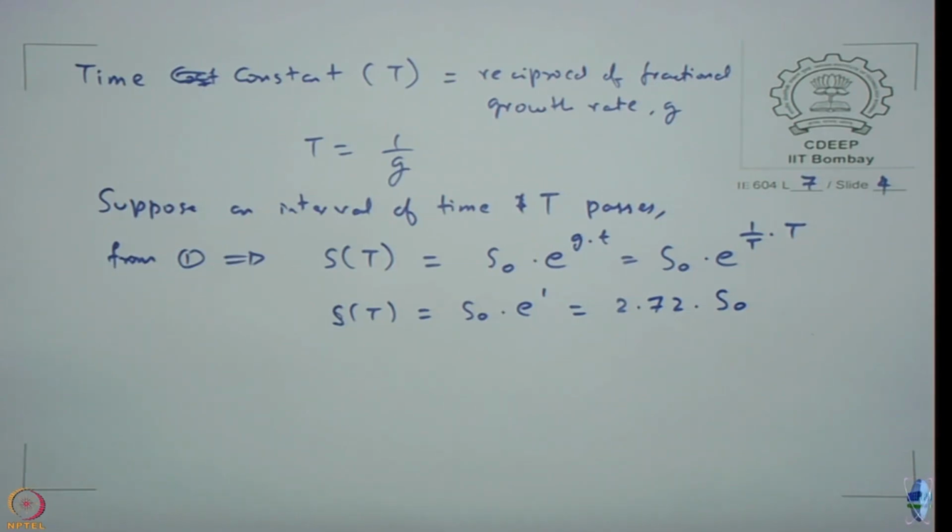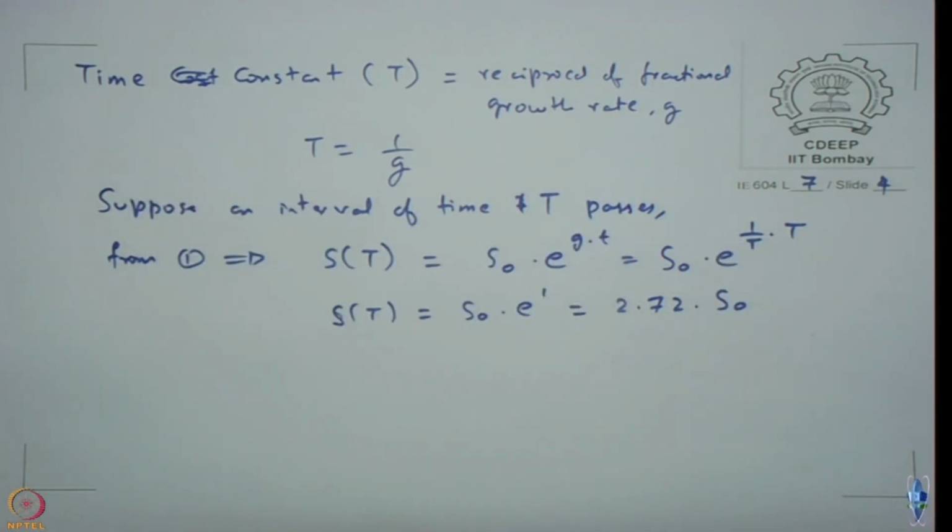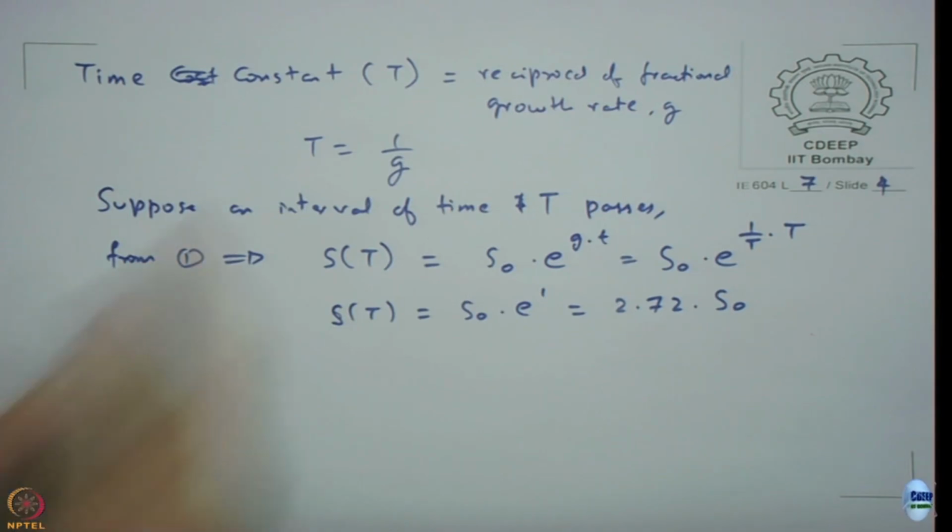So after the passage of one time constant, the stock value will be approximately 2.72 times the initial value of stock. And if 2T time units pass, then the stock value will be 2.72 into 2.72 times, that will be the stock at time 2T. So this is defined as the time constant.